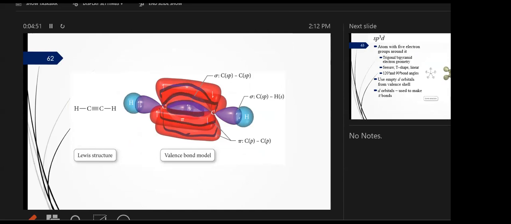Did you have a question, Chris? I was wondering, according to the lecture, I think it says that the pi bonds are between unhybridized parallel p orbitals. Does that mean they can only form in the p orbitals that aren't hybridized?